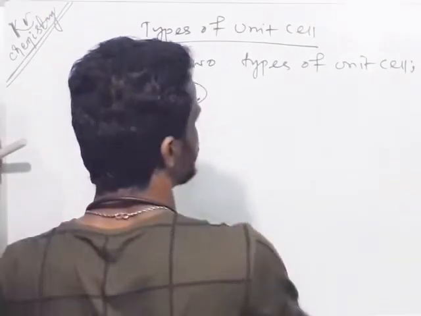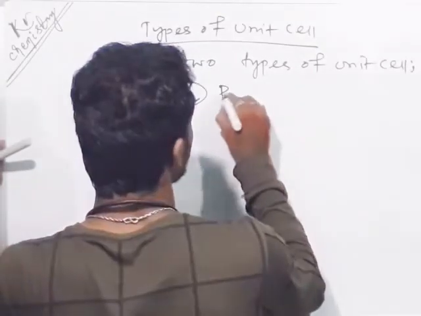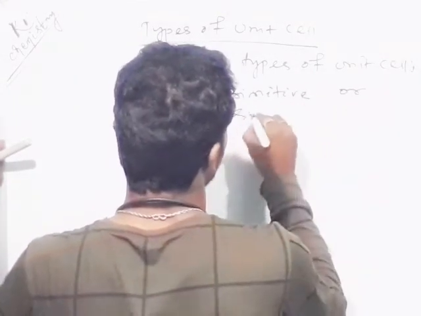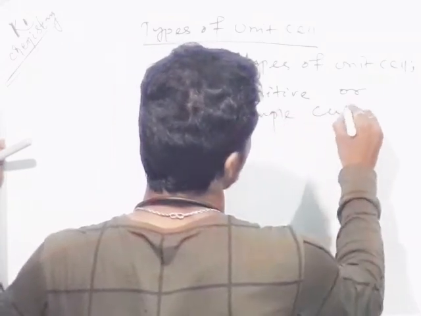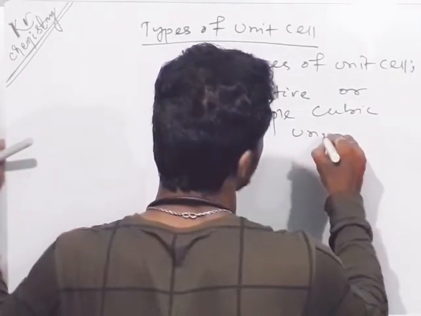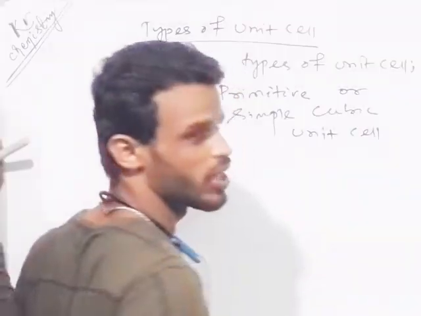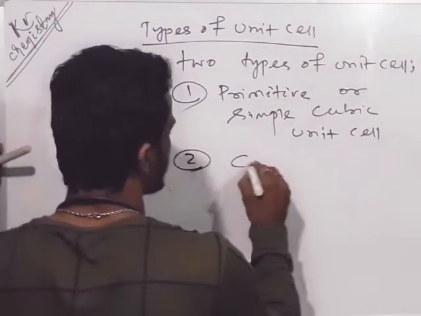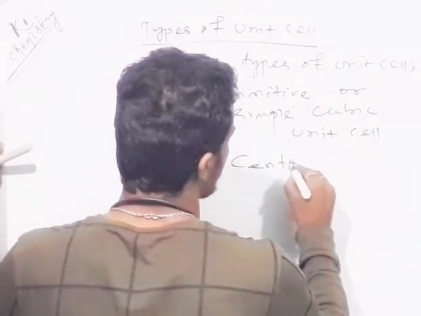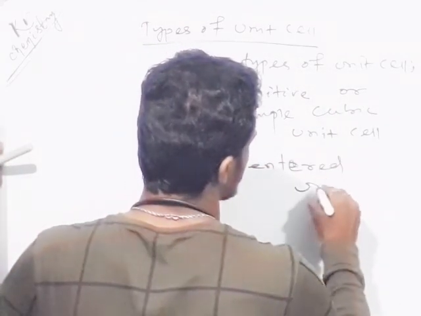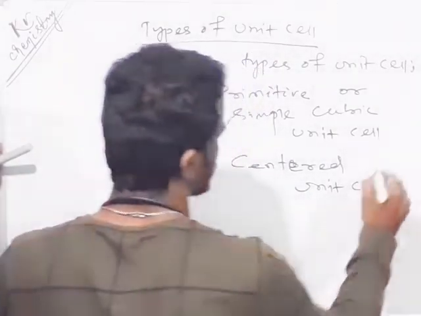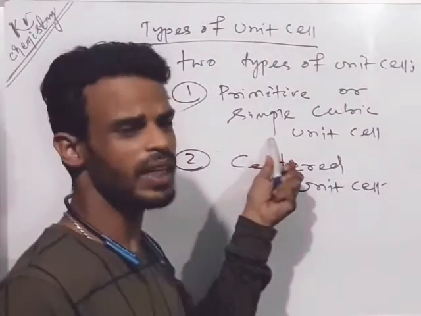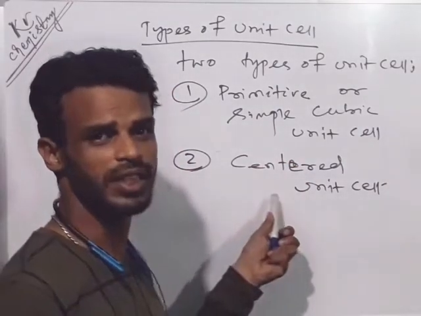The first one is the primitive or simple cubic unit cell, and the second one is the centered unit cell.